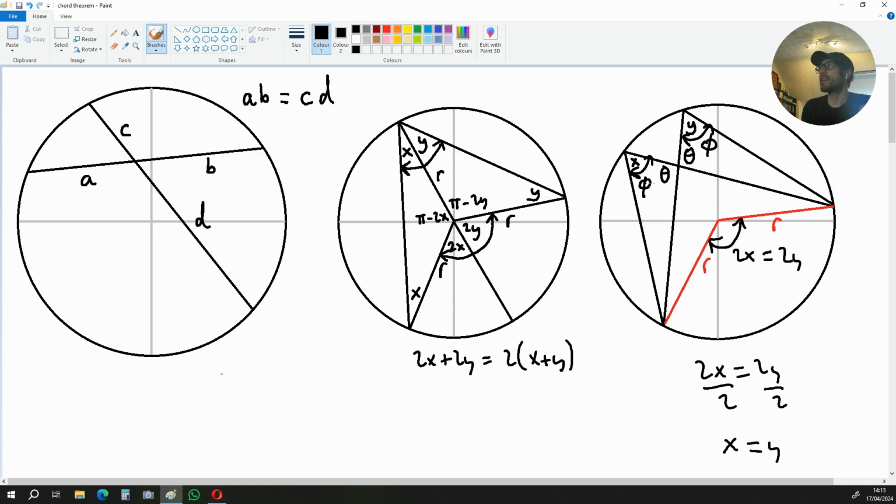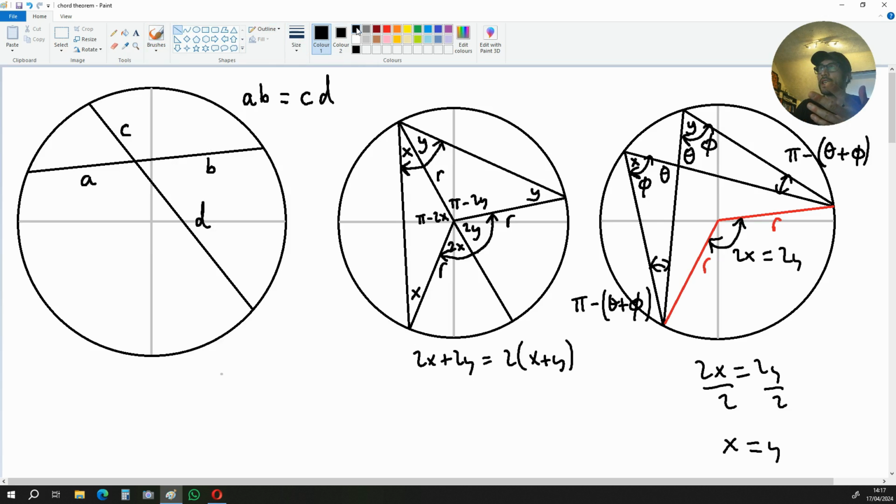If these two angles over here are phi, then this angle over here is going to be pi minus (theta plus phi), because we have theta over here and these two opposite angles are the same. This angle over here is also going to be pi minus (theta plus phi). So as we can see, these two triangles over here have very similar angles, and this forms the second part of our proof.